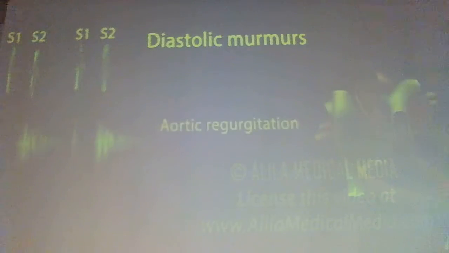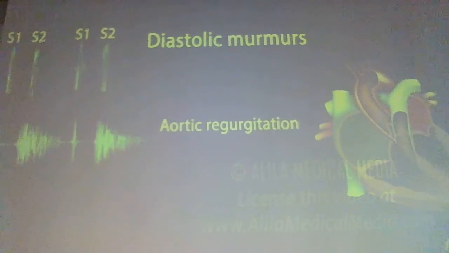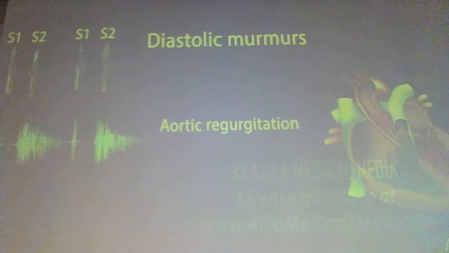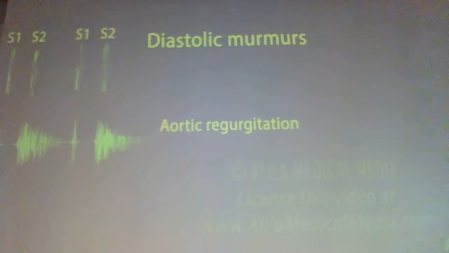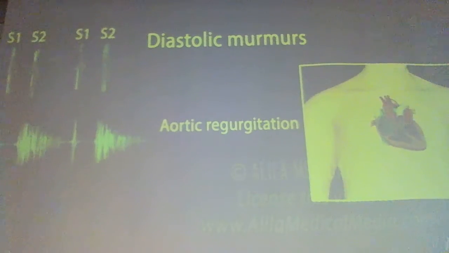An example of diastolic murmurs is aortic valve regurgitation. This is when the aortic valve does not close properly, resulting in blood flowing back to the left ventricle during diastole, the filling phase. As the blood flows in the reverse direction, the murmur is best heard not in the aortic area, but rather along the left sternal border.